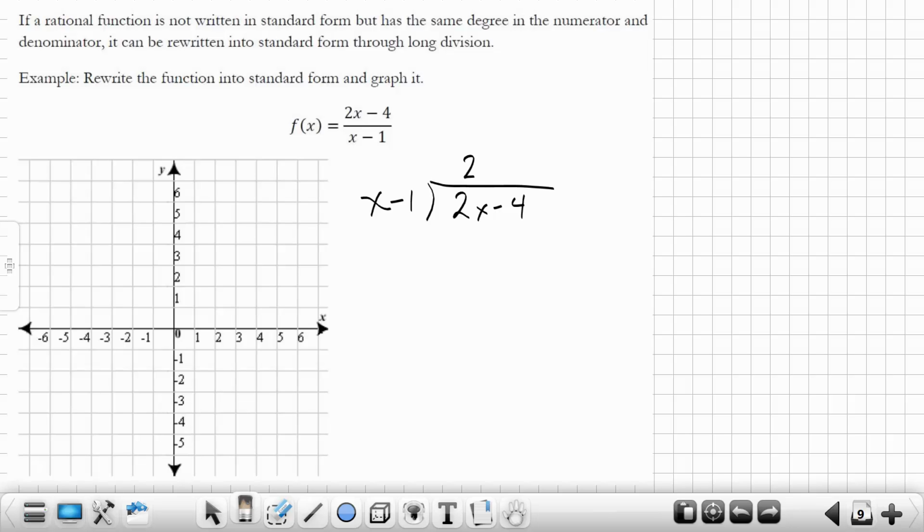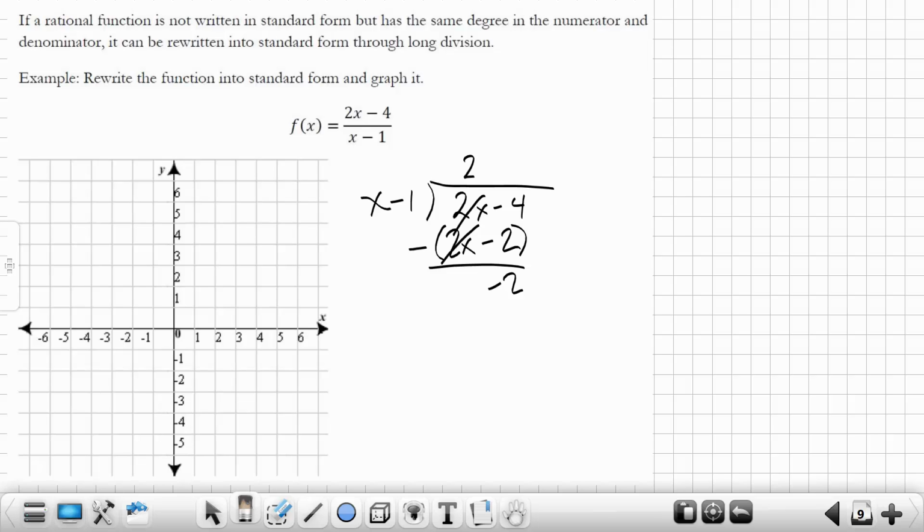So now in normal division, I multiply. 2 times x, 2x. 2 times negative 1, negative 2. And then what would I normally do when I'm dividing? Subtract. So now I need to subtract this expression from this one. So subtract, put a parentheses down. Negative 4 minus negative 2.